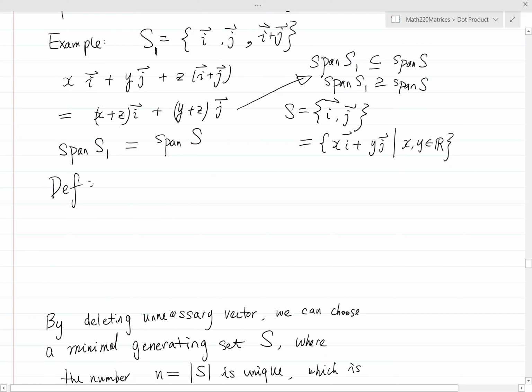Definition: a set of vectors v1, v2, ..., vn is called linearly independent.